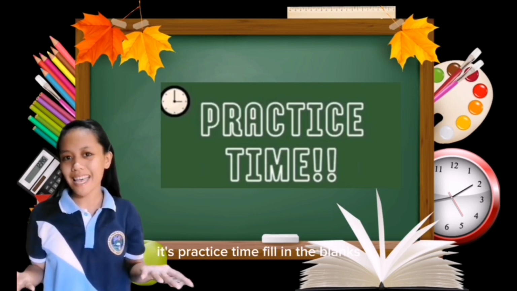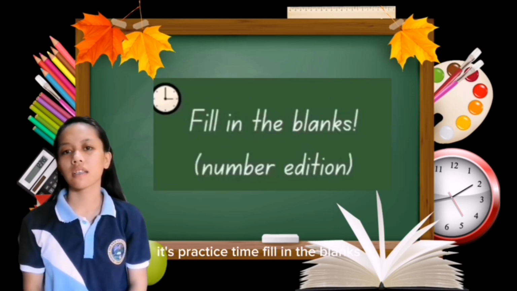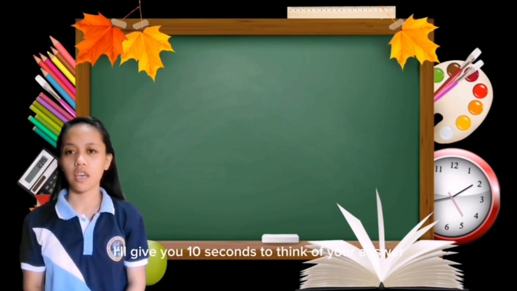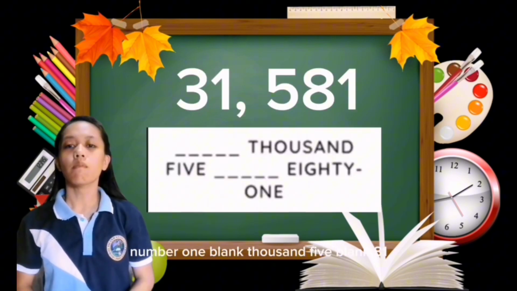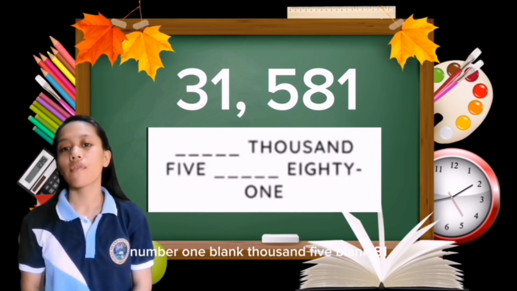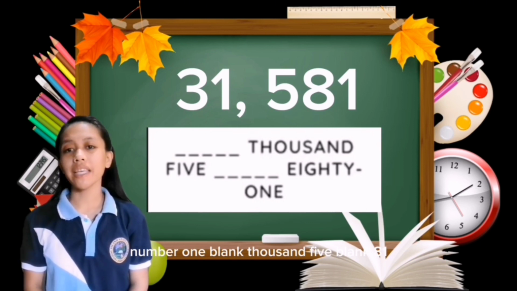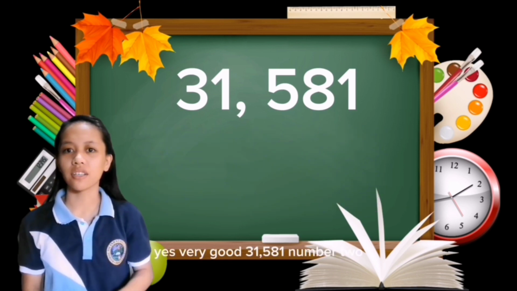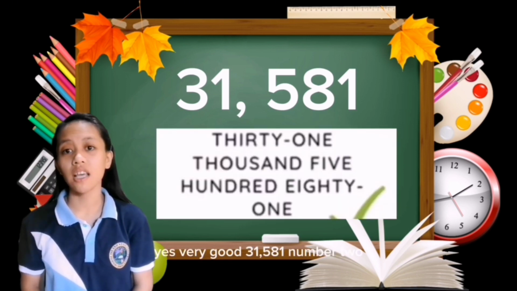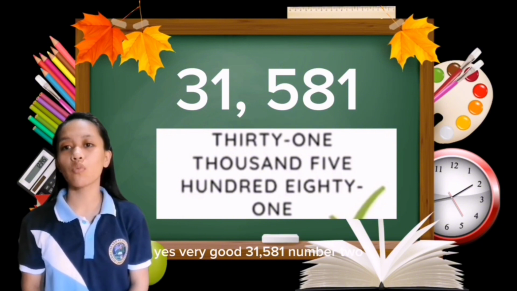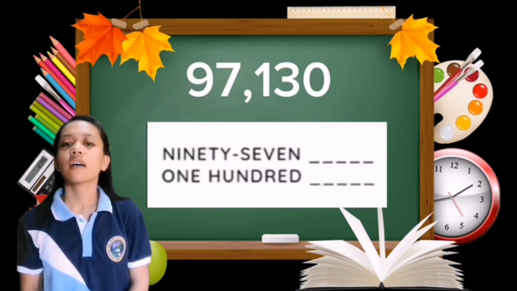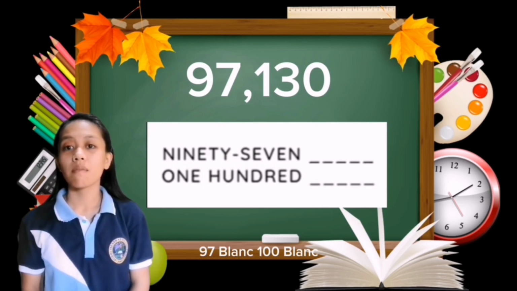It's practice time. Fill in the blanks. I'll give you 10 seconds to think of your answer. Number 1. Blank 1,000 5 blank 81. Yes, very good. 31,581. Number 2. 97 blank 100 blank.